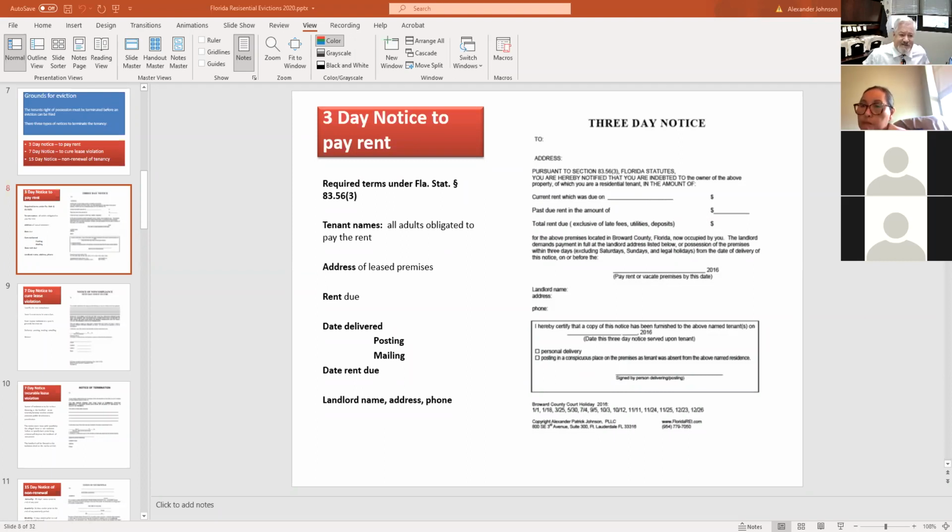Some landlords these days have automatic payments that can be done online. So you need to keep an eye on your account to make sure you didn't get the rent, because if you got the rent, the 3-day notice is voided, and that's not a basis for an eviction. You're going to have to disable the online payment method in order not to get tagged.